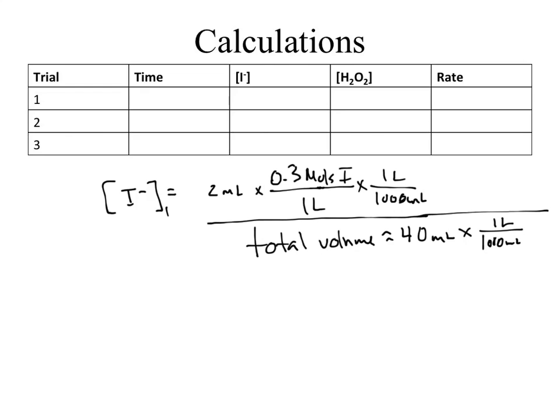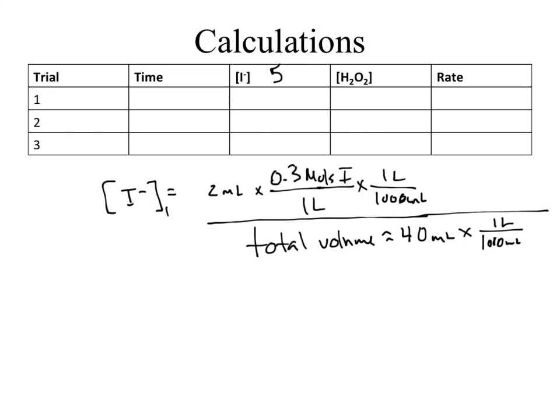So we would then change that. Trial 3. Trial 4. Trial 5. 5 trials, all the exact same calculation. You could go through and do that by hand. So let's do a running tally of our hand calculations. For our iodide, we had 5 calculations. What do we do for our peroxide concentration?